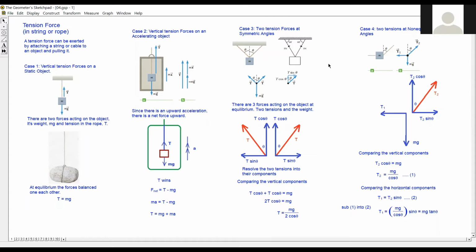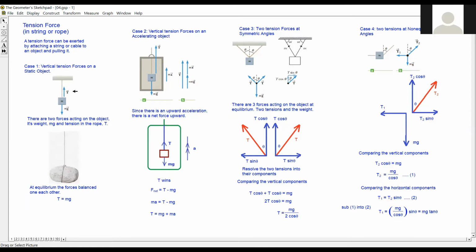From where we stopped last week. Okay, last week we were talking about tension in a string or a rope. This tension, the rope cannot be straightened by itself.